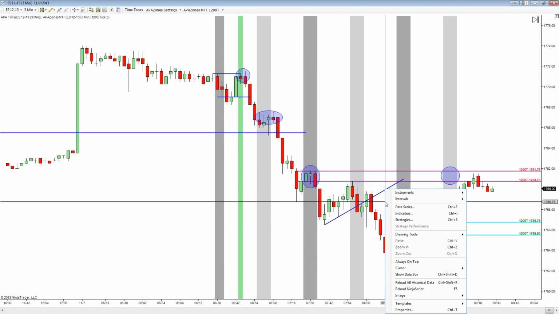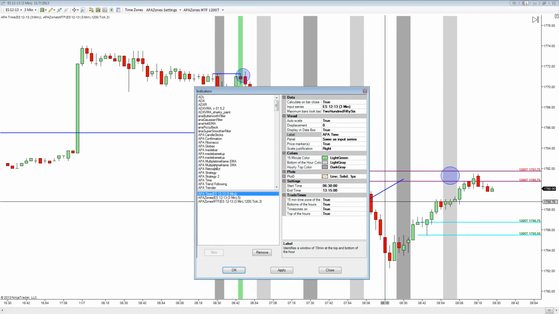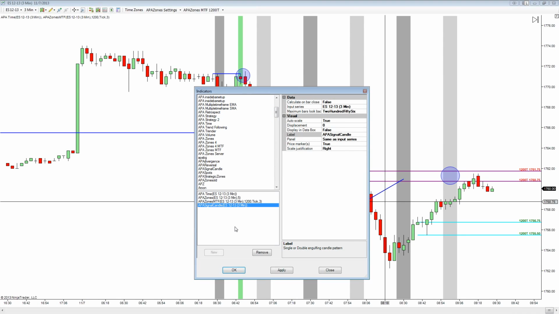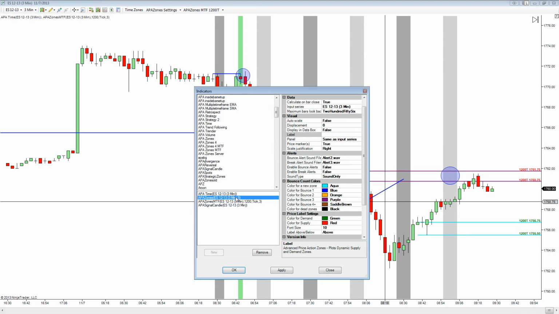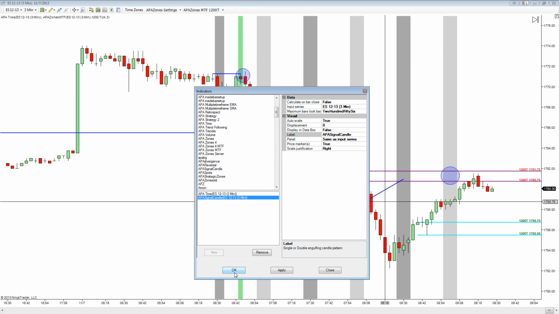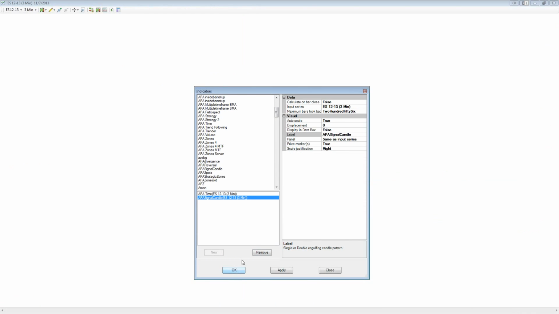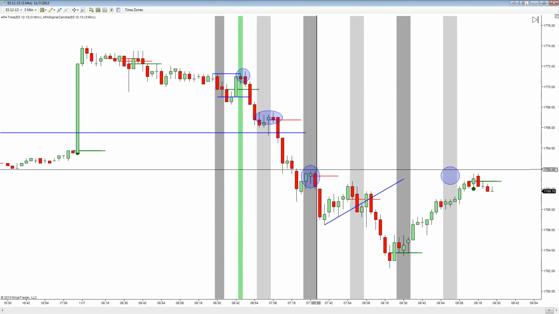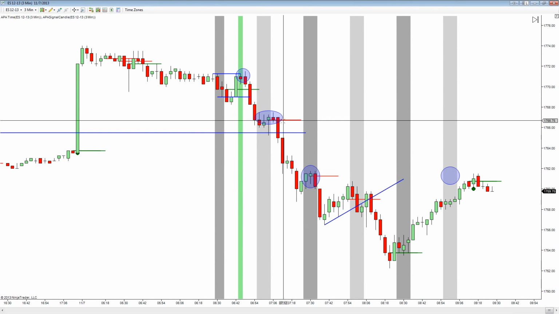But I do like to use some different things to help me with my entries. Being the programmer that I am, I'm able to program a lot of this stuff out. So let me show you the APA signal candles. This is the unfiltered price action entries of the day, if you will, and this is the way that I interpret the bars.